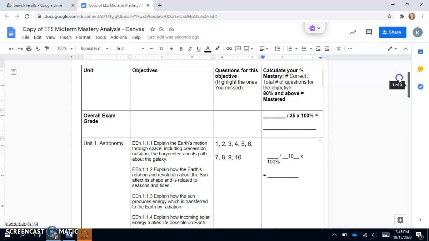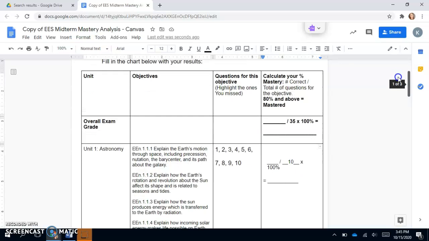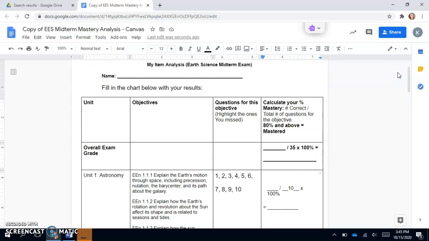So what we are going to do here is calculate the percentages for mastery for the overall grade, and then also our concepts. In order to complete this, you need to pull up your midterm. You will be able to go back into your quizzes tab. You can also go back to where I've linked your midterm in multiple places at this point, and you pull it up and you'll be able to see it.